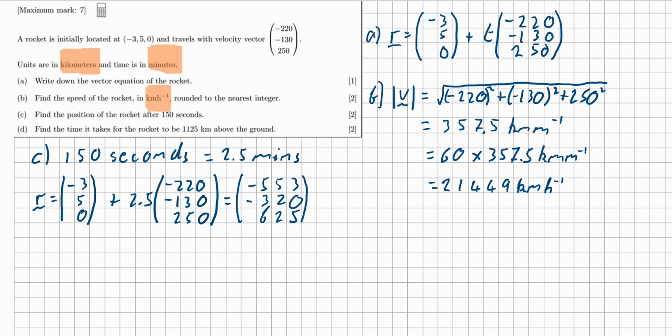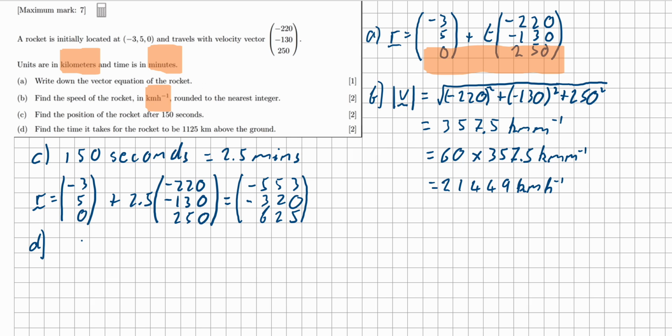So that's C, and in D, the last one, find the time it takes for the rocket to be 1,125 kilometers above the ground. So we only care now at this point about the Z part of our vector equation of the line. So where we're going to be is, find the time taken.